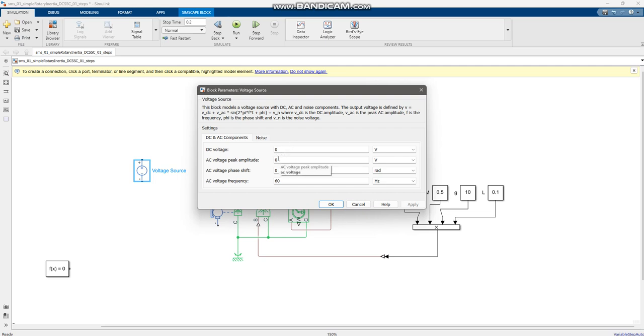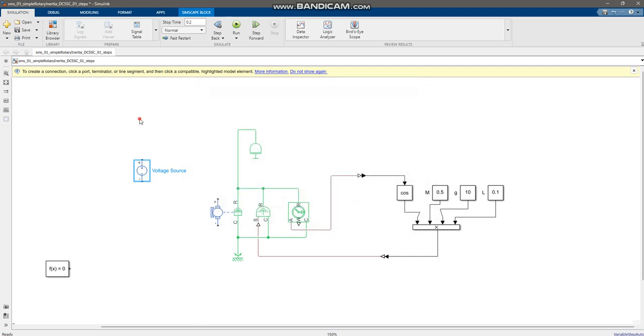In this case we won't be needing the AC component, so setting the AC magnitude to 0 essentially cancels out any AC components. We'll specify the DC magnitude to 12, since that's the voltage we have been dealing with since our first lecture.